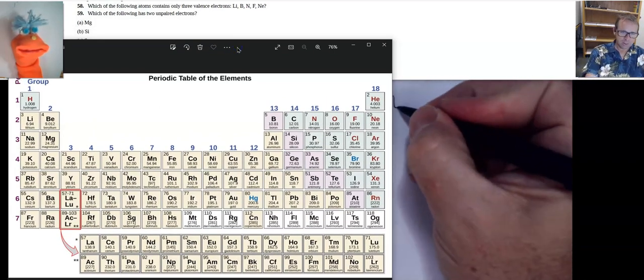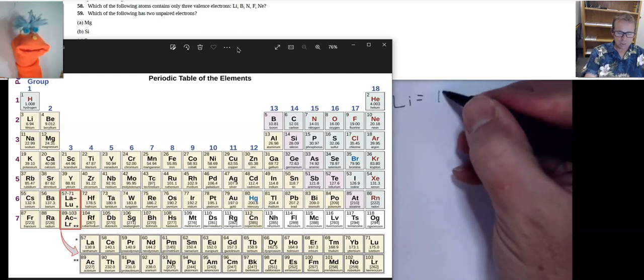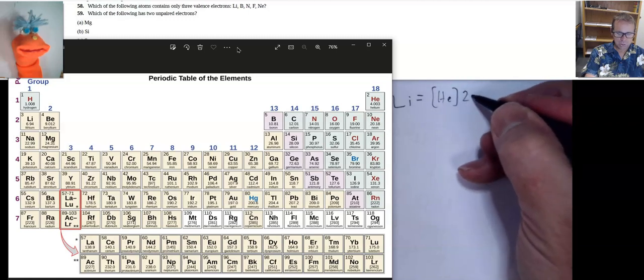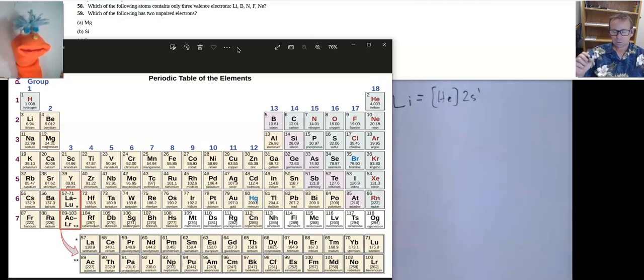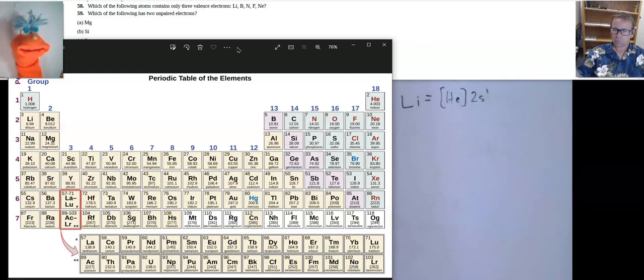If I look at the electron configuration for lithium, and I use the noble gas core, helium, lithium has a 2s1, and all the electrons with the highest n value are what we call valence electrons in an electron configuration.